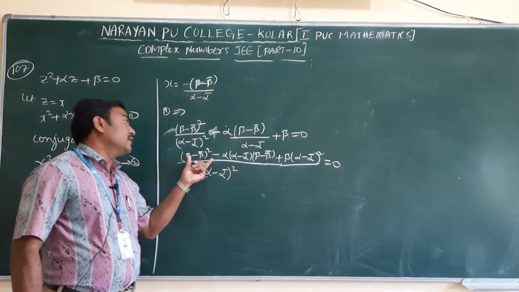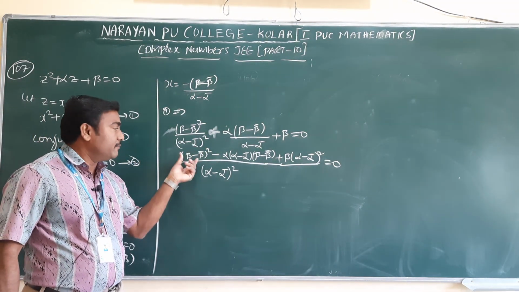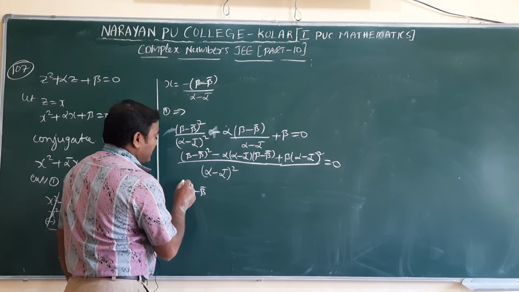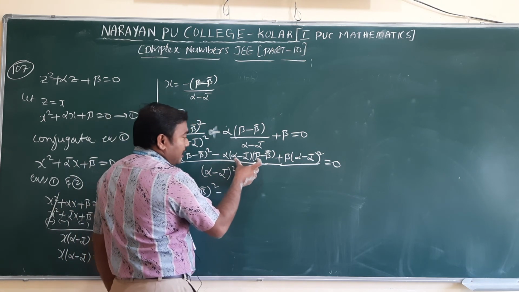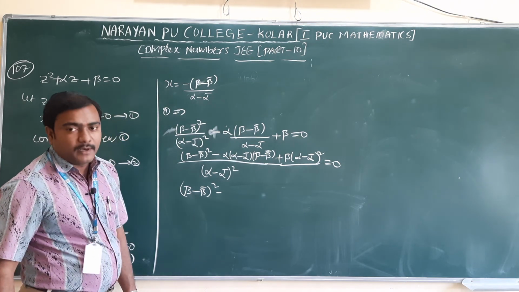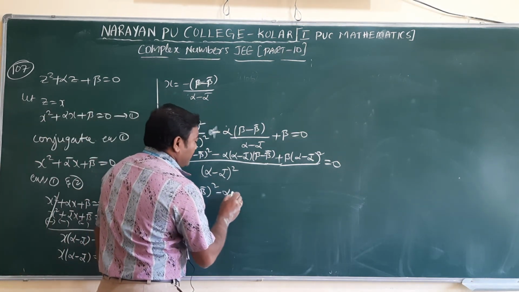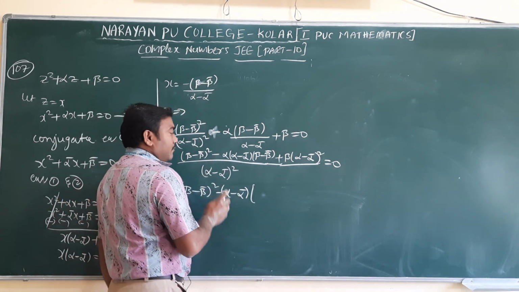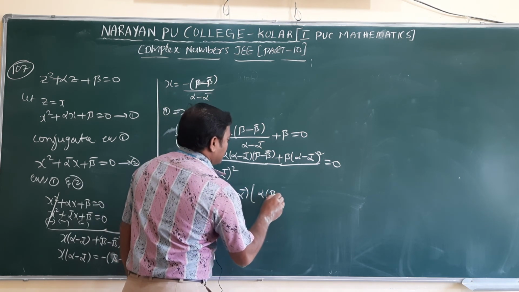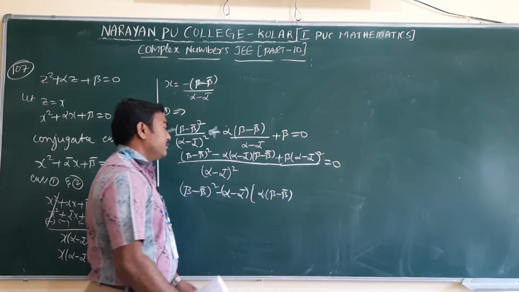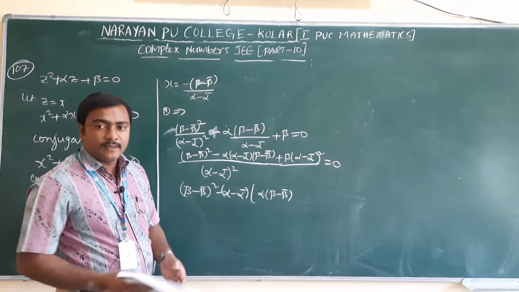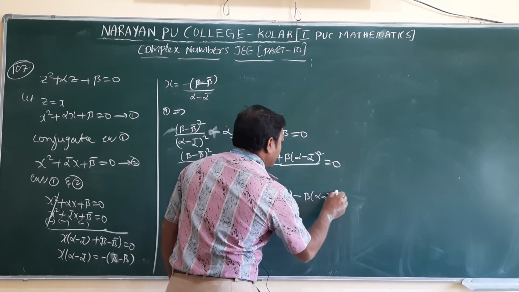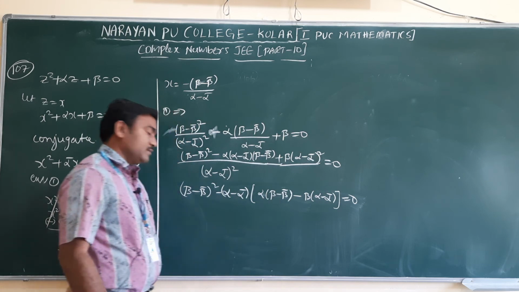Here we don't take the common beta minus beta bar, because the options given have beta minus beta bar whole square only. So in beta minus beta bar whole square, here we take common alpha minus alpha bar. Remaining is alpha into beta minus beta bar, because we have taken minus alpha bar common, remaining minus beta into alpha minus alpha bar is equal to 0.